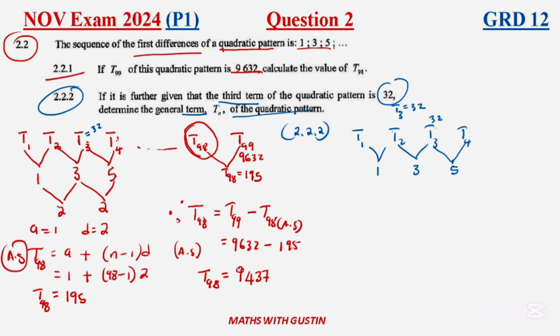Guys, you are just working backwards to find the other terms. The common difference here is 2. So if the third term is 32, you need to go backwards. 32 minus 3 gives us 29. Therefore, this one minus 1 is going to give us 28.